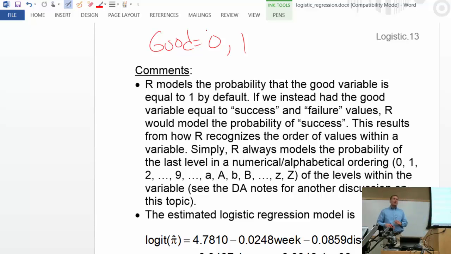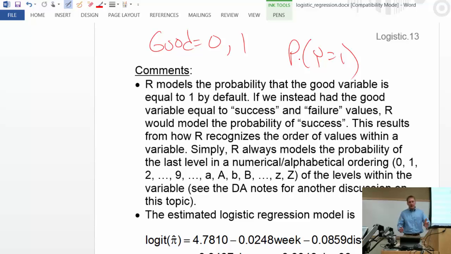What R sees is that we have a 0 and 1, and corresponding to the way that I introduced you to the model, we want to model the probability y is equal to 1. So our model is for the probability good is equal to 1, so that the pi in our model is the probability of success in the context of this problem.